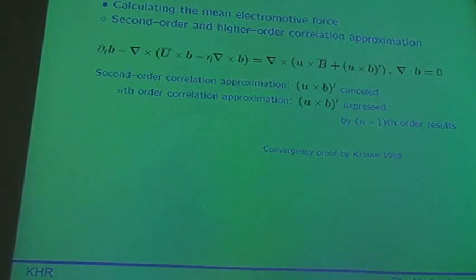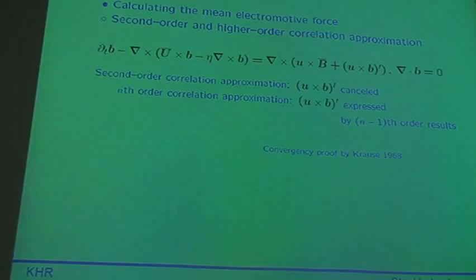Okay. Now what remains is you have to calculate the electromotive force, in particular all the coefficients I have shown you. And the question is what methods are available for this.